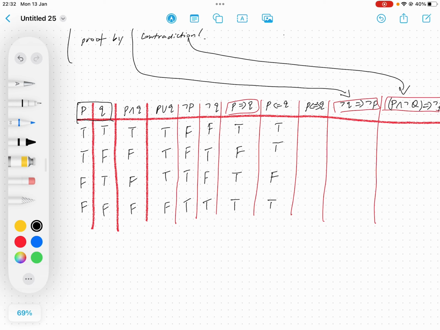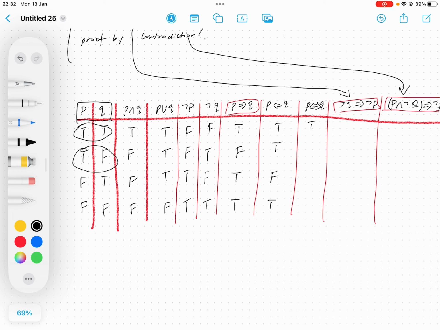The next would be the equivalency, P if and only if Q. In this case we have to match all the possible cases. We simply need to match P and Q for all four cases. If we can match those two letters, then we put a T here.